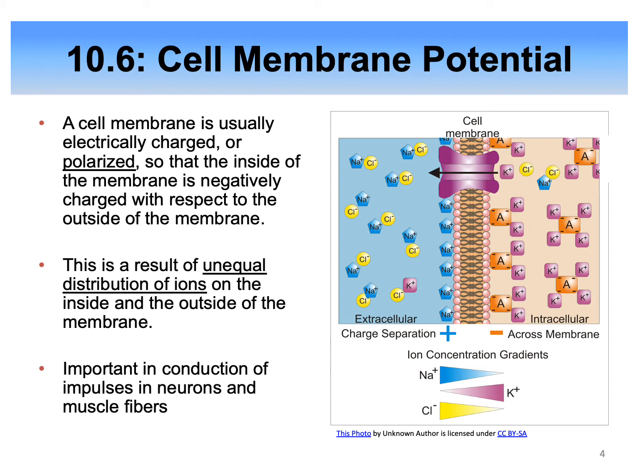Because of this unequal distribution of ions, a cell membrane during resting, when there is no neuron stimulation, is electrically charged or polarized, so that the inside of the membrane is negatively charged with respect to the outside of the membrane. It is important to know the cell membrane potential in the conduction of impulses in neurons and muscle fibers.